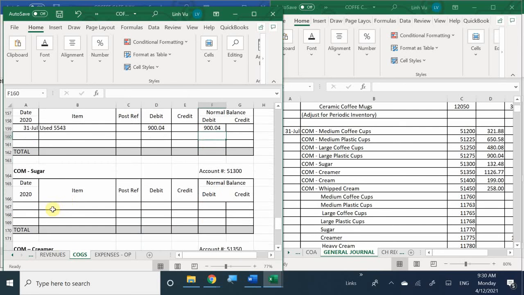How many pounds of sugar did I use? 368. Which cost me a total of 132.48.